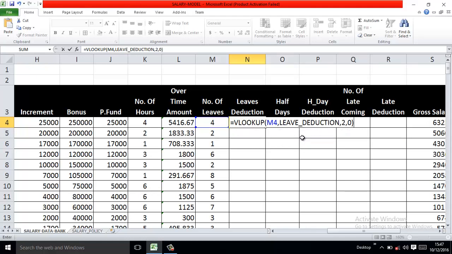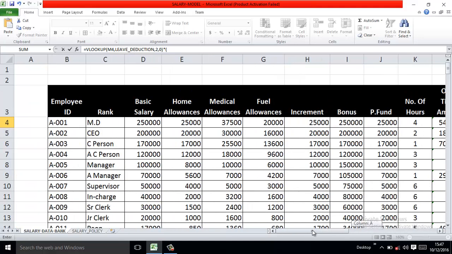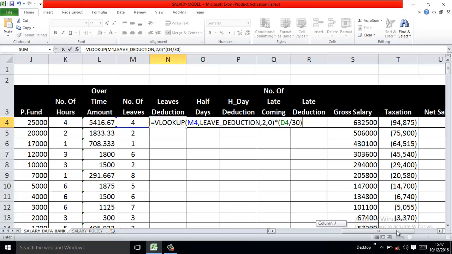I'm calling this. Now this is multiplied by the basic salary, that is D4 in this case, divided by 30 for the per day rate, and multiplied by the number of leaves.